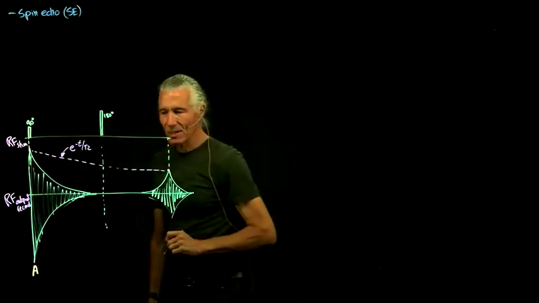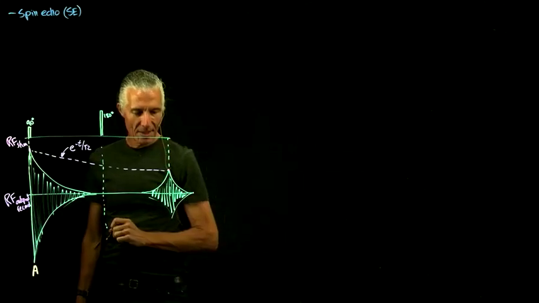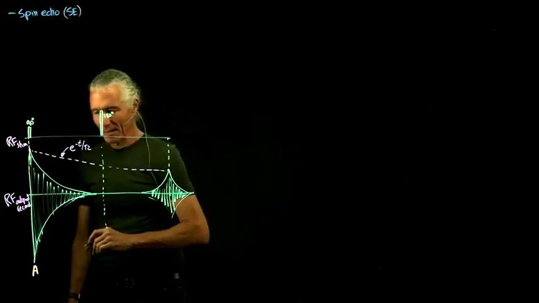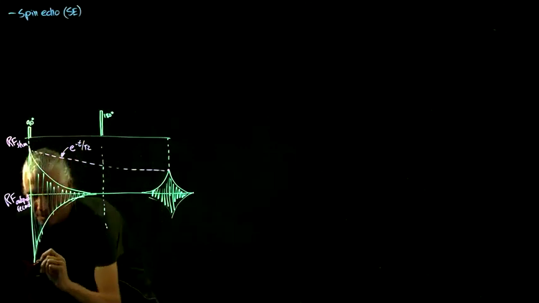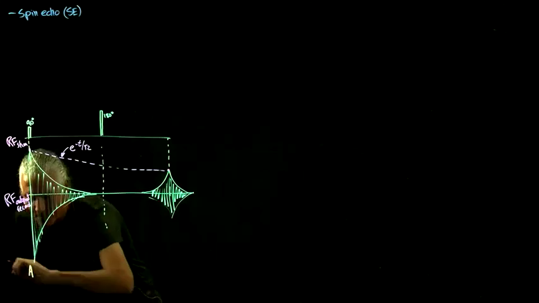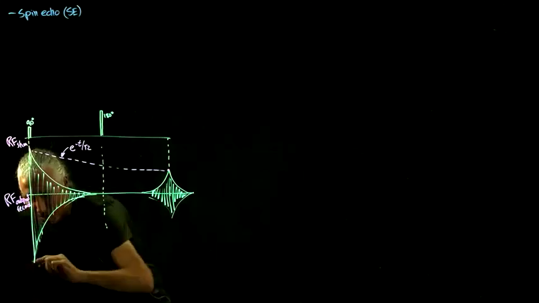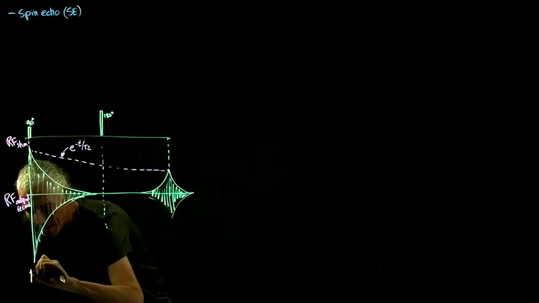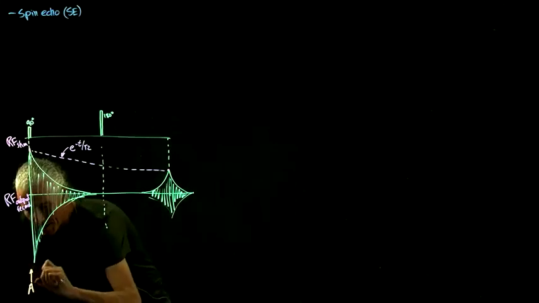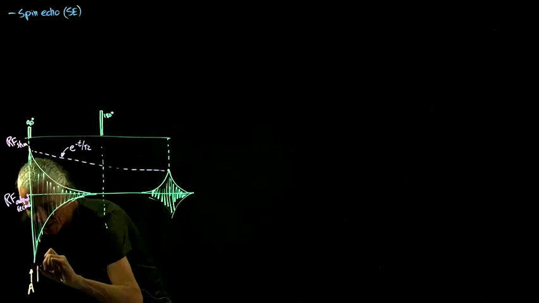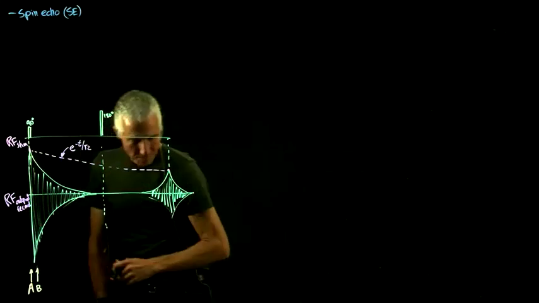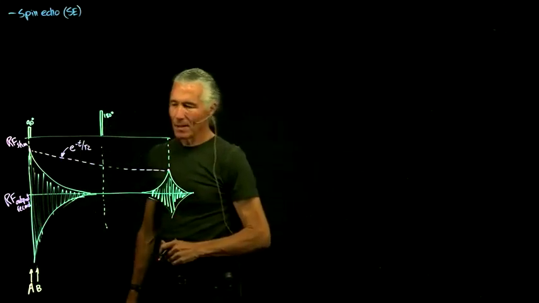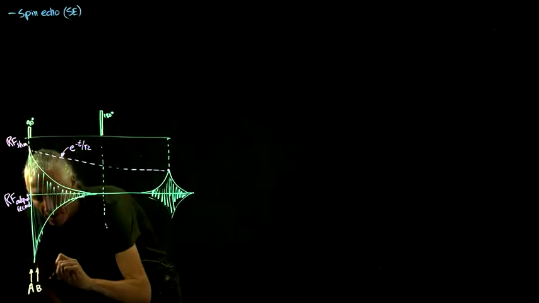Actually, that's just before the pulse. So A is right before the pulse. Let me put an arrow so you can see it's before. If we look at the situation right before the pulse, and then right after the pulse, and then look at a situation a little bit later, but there's still some signal.